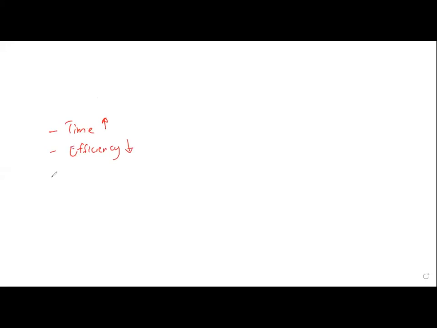And doing things manually is prone to a lot of errors, because there is 100% human involvement and no machine involvement. Normally humans make mistakes, so there will be a lot of errors.